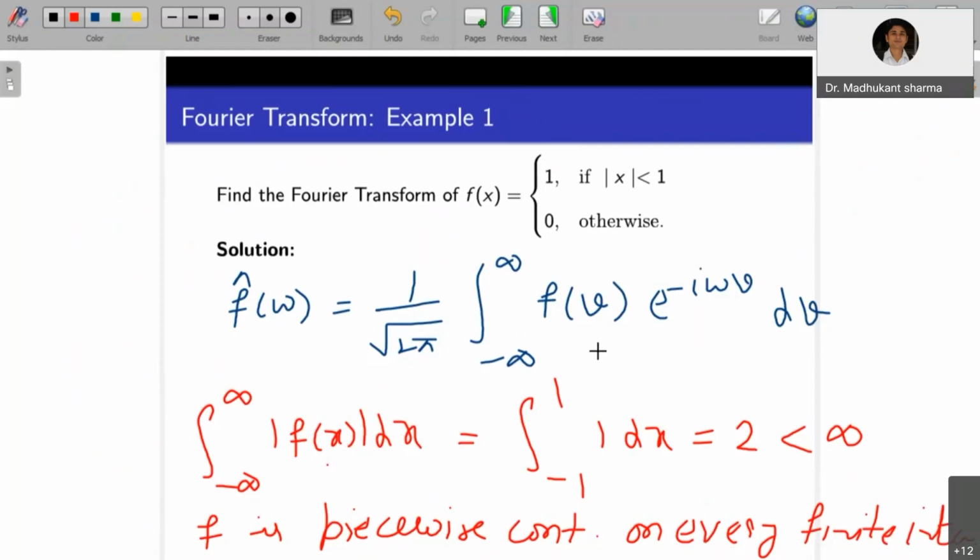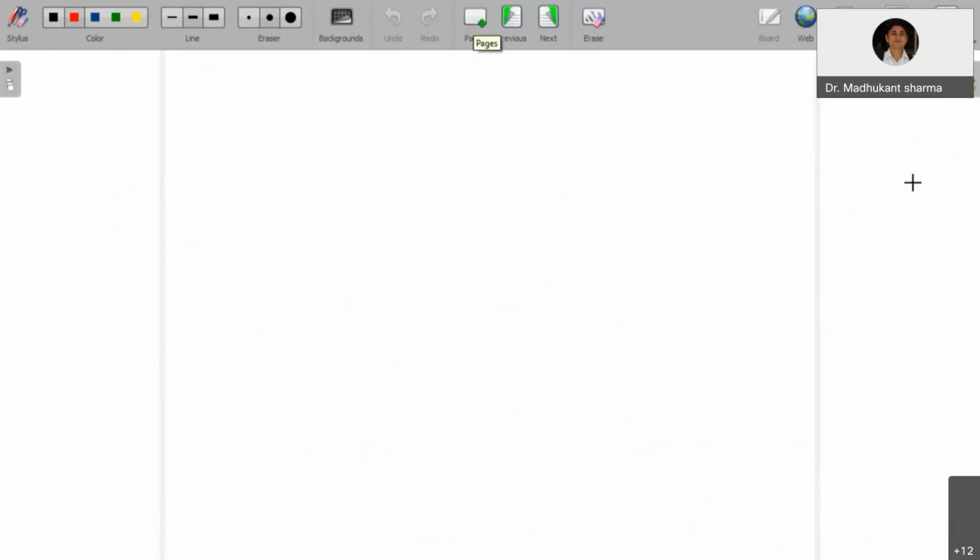Right, now you are ready to evaluate this integral. This implies the Fourier transform exists.